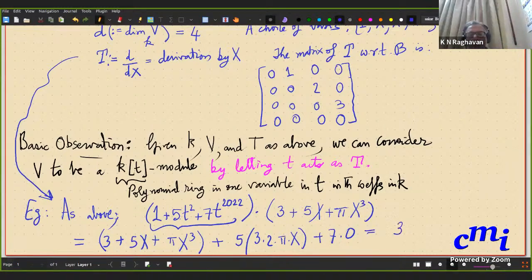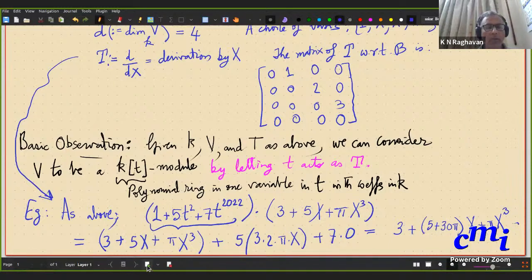This is 3 plus whatever this is, 5 plus 6 into 3 pi x plus pi x cubed. Right, that's it. Okay, is this clear? Okay.